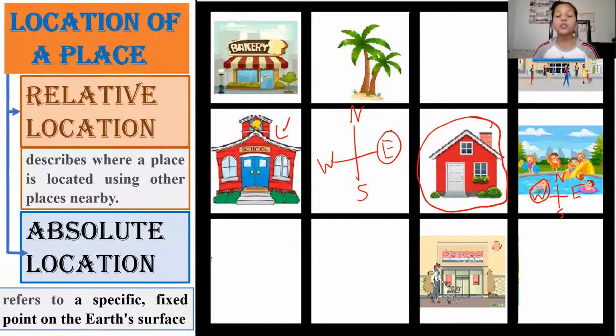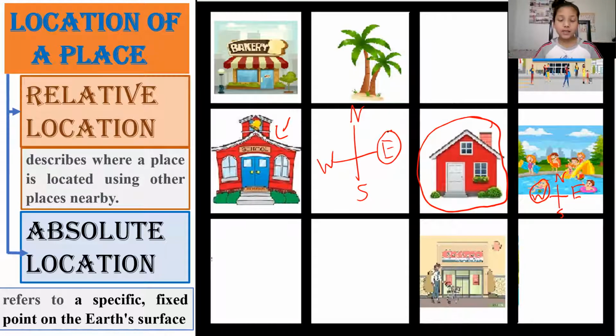Absolute location refers to a specific fixed point on Earth's surface, but it can be anywhere too. Did you know that absolute location never changes, but relative location does?